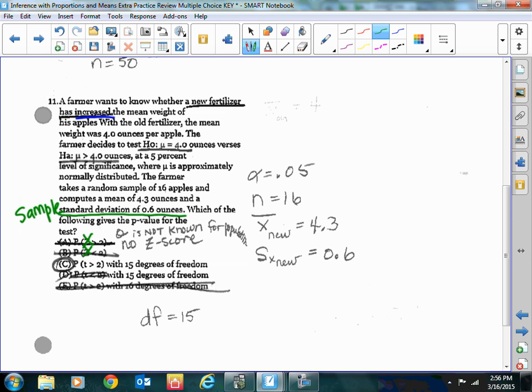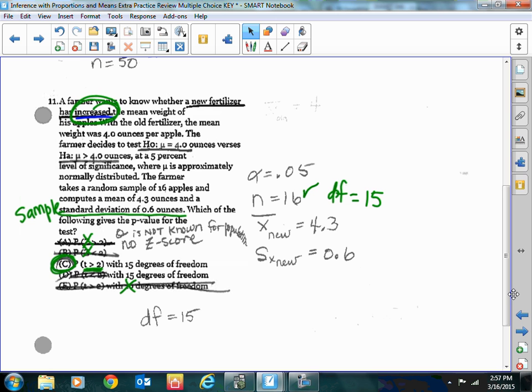All right? Now, since the size of the sample is 16, that makes the degrees of freedom 15. Okay, so that is why then E is wrong. And then since it wants to know if this has increased, we want to do the upper tail. So we want T greater than 2 with 15 degrees of freedom.